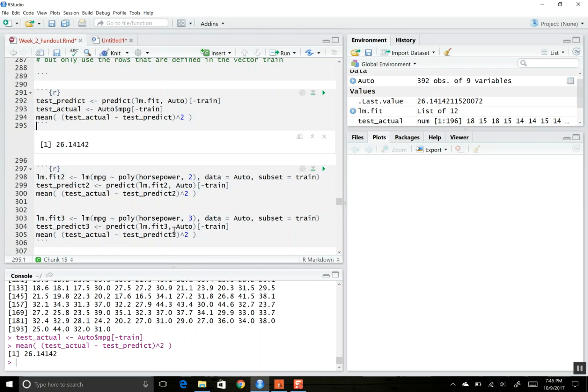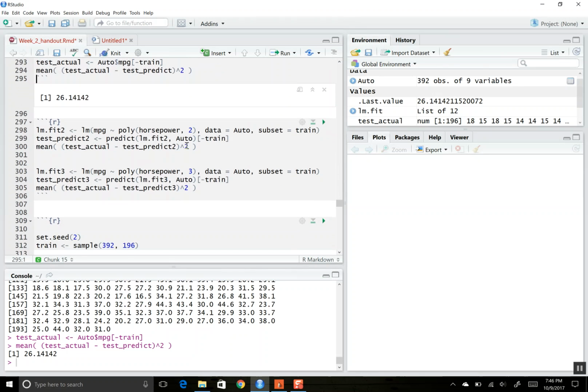It's not hard to just duplicate this code, but this time putting in a different polynomial, okay? So now we're going to fit a model of polynomial degree 2. Same exact command, lmfit2, this time predict mileage based on a polynomial of horsepower degree 2 using the same training subset rows.